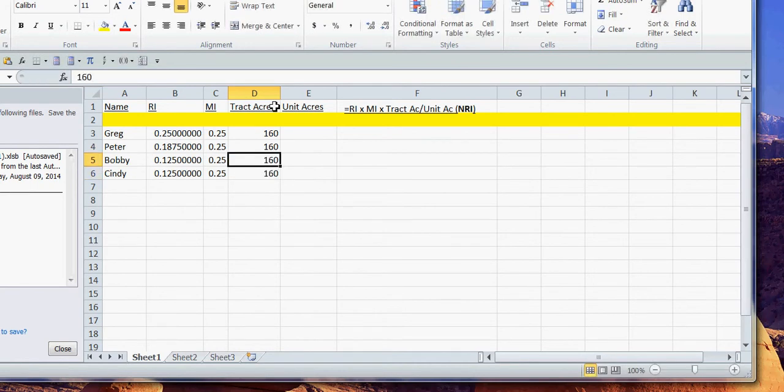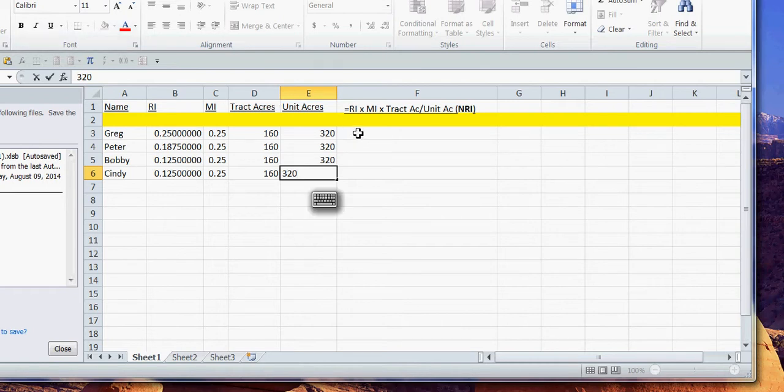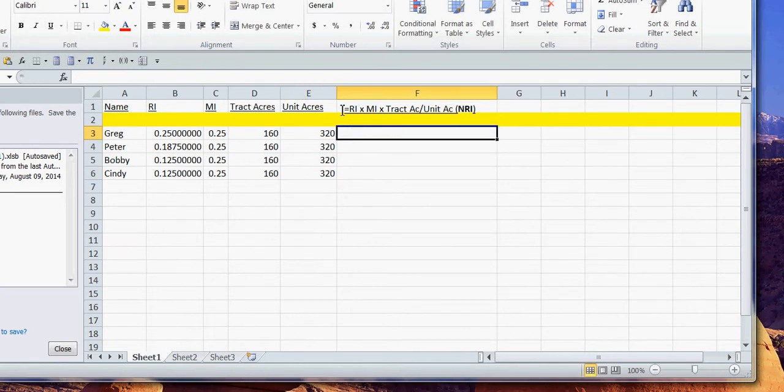And then we plug in the unit acres in the next column. And then that allows us to input this formula. So now I've written it out for you here. So you're going to really copy this, but you're going to have to go back to the cell that says royalty interest, the cell that says mineral, the cell that says tract.